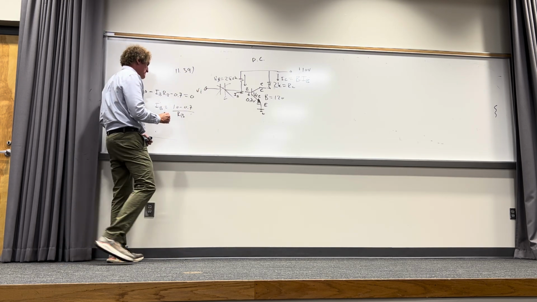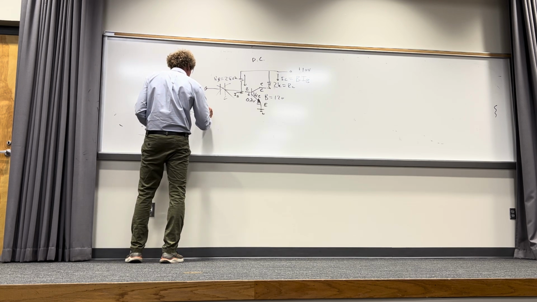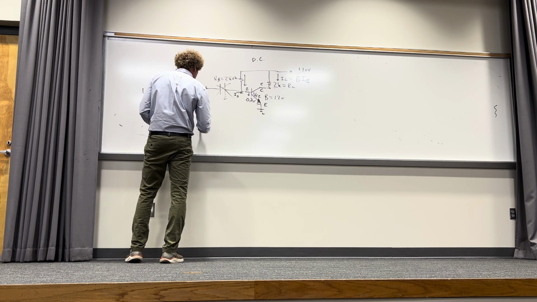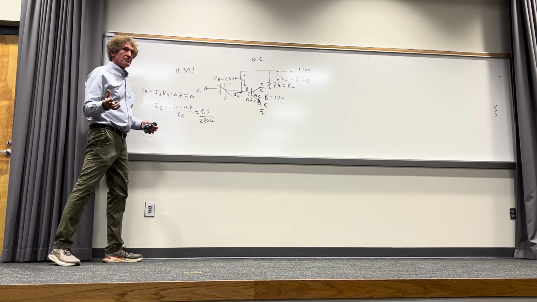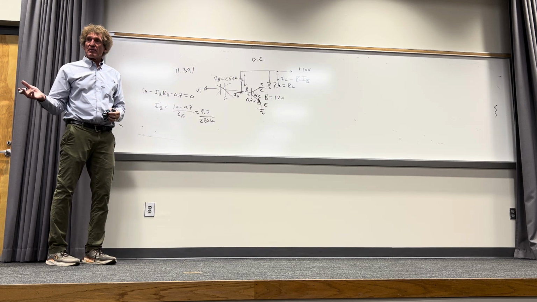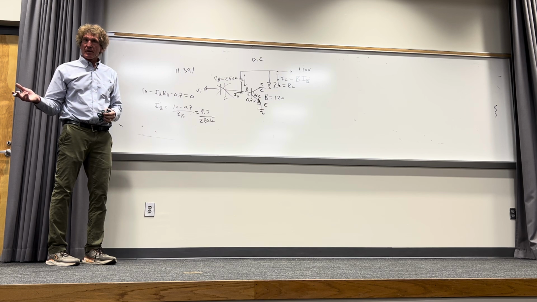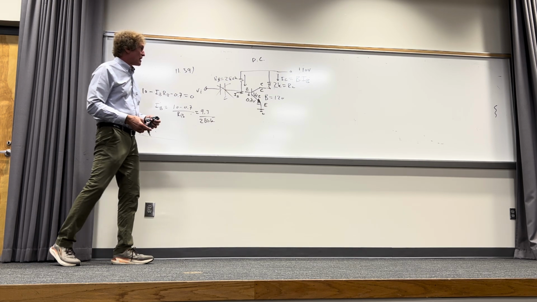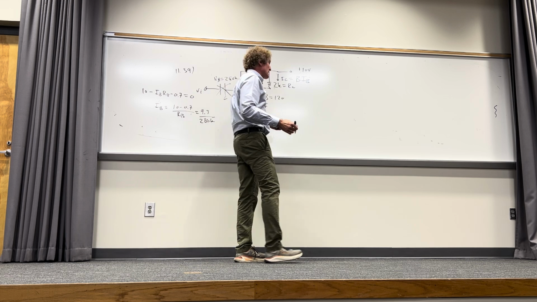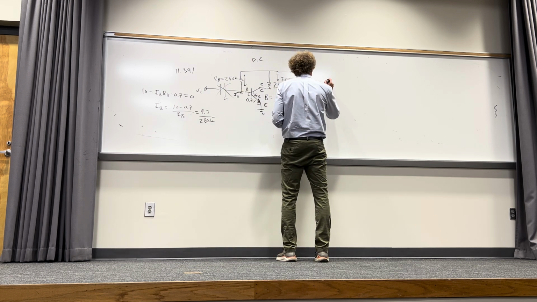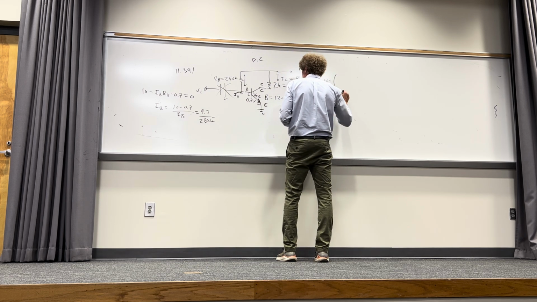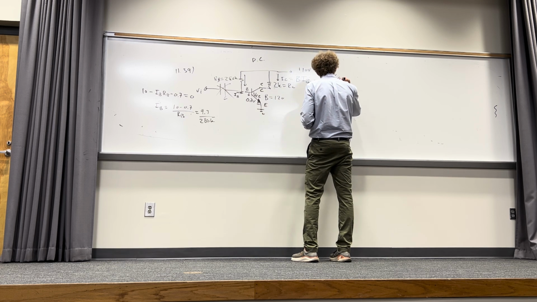If we wanted to get the base current, that's 9.3 over 280K. It's going to be small. It's going to be microamps probably. Y'all with me? Once I have that, I can get IC. IC is going to be 120 times that, which is going to be 120 times 9.3 over 280K.